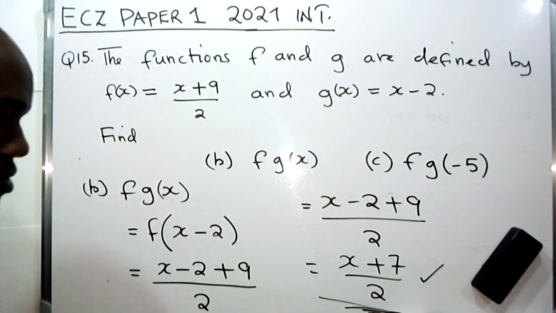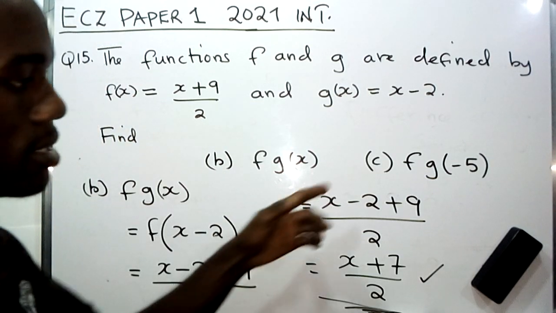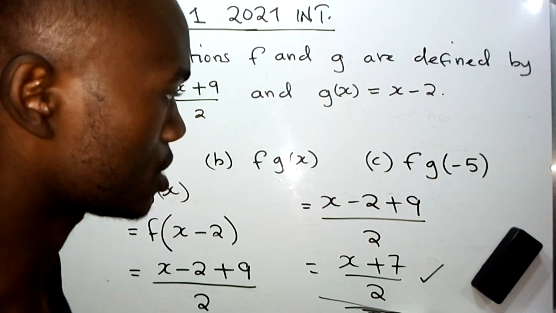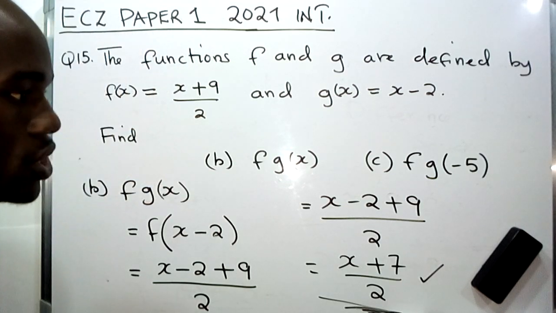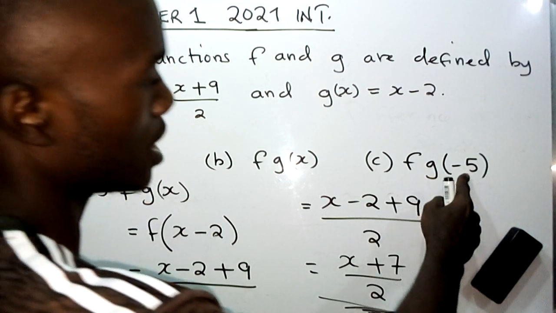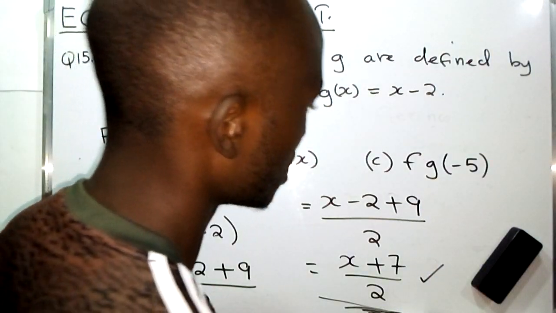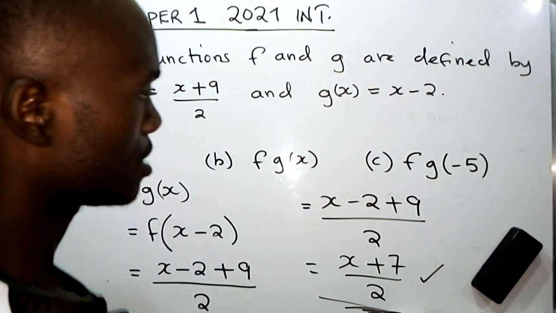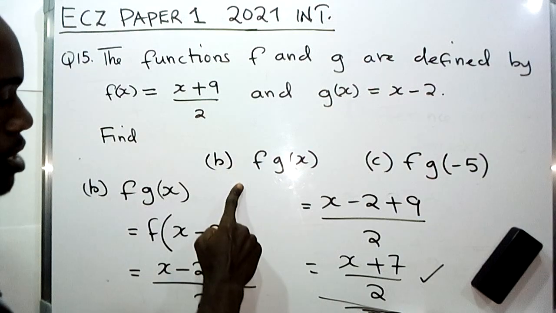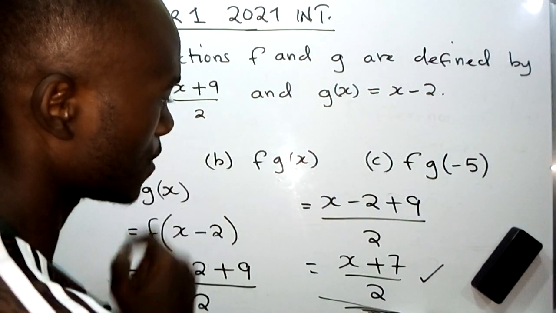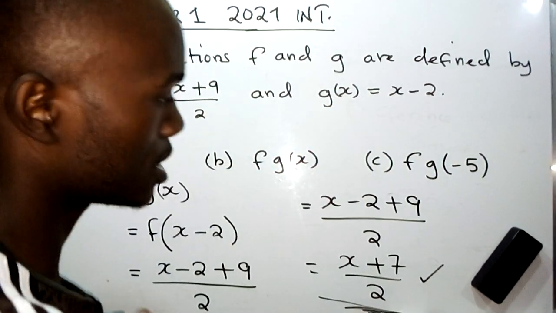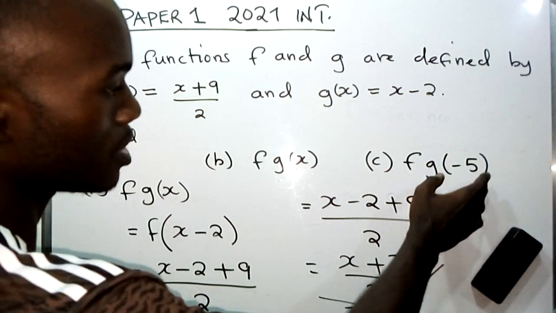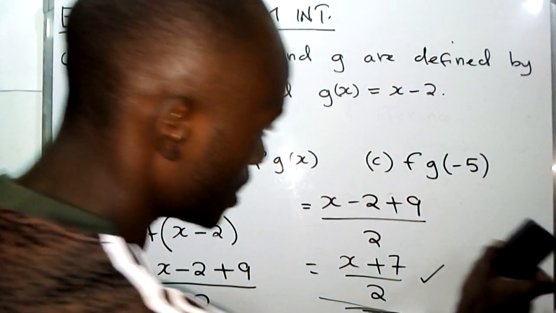Now let's look at the last part of this question, which is part C. fg of negative 5. Notice that part B and part C are the same, except that with part C we have been given the specific input.